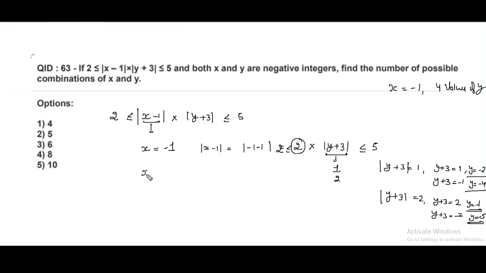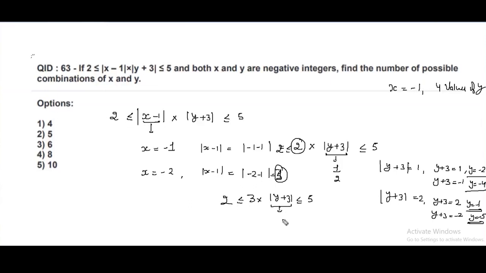Now the other case, if I take x equal to minus 2, |x minus 1| will be 3. So if it is 3 into |y plus 3|, which should lie in the range of 5 to 2, obviously it cannot be 2.